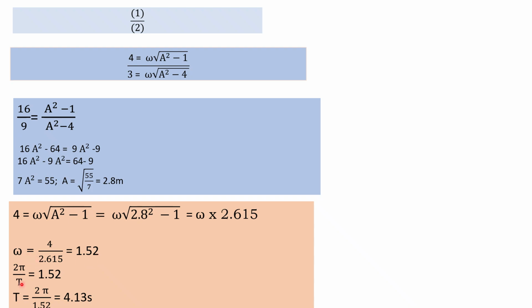Omega is 2 pi by T, and this is equal to 1.52. T equal to 2 pi by 1.52, which is 4.13 seconds. So the period T is equal to 4.13 seconds.